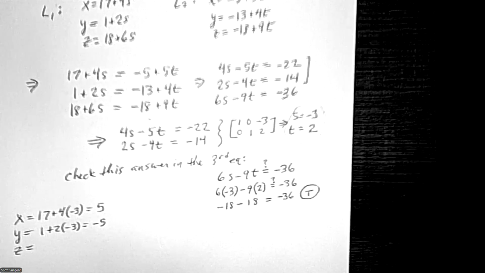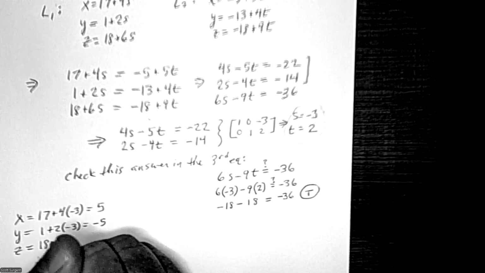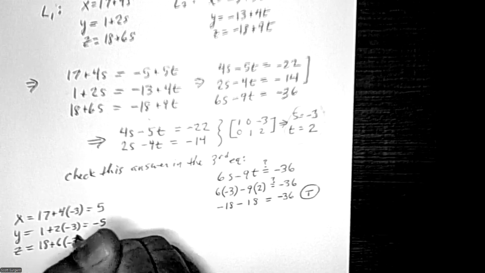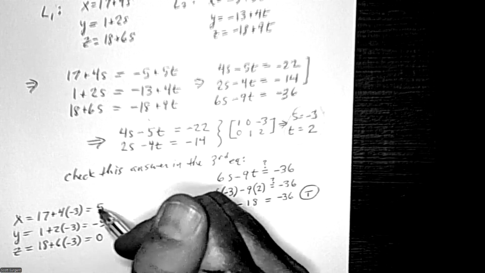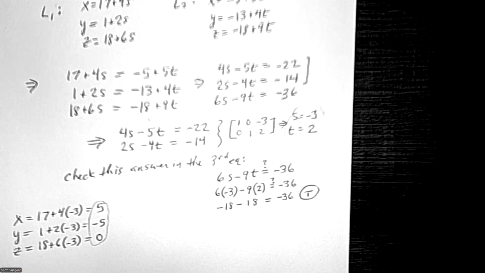And z is 18 plus 6s. Well, s is -3, so that's going to be 0. Evidently they intersect at (5, -5, 0).